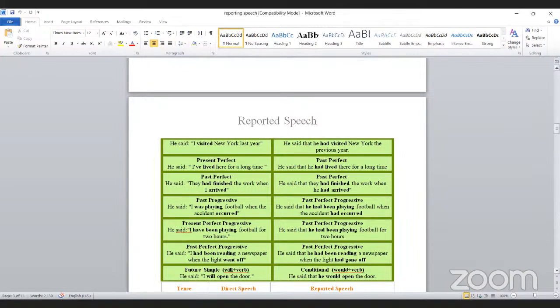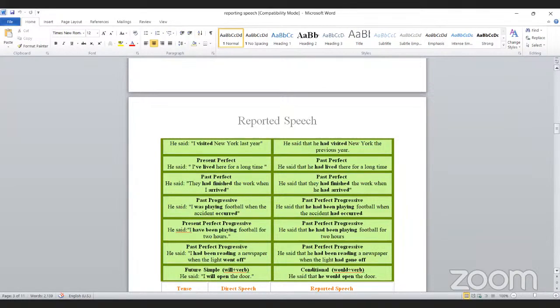This is my example. He said, I had been reading a newspaper when the light went off. So no change. He said that he had been reading a newspaper when the light had gone off.